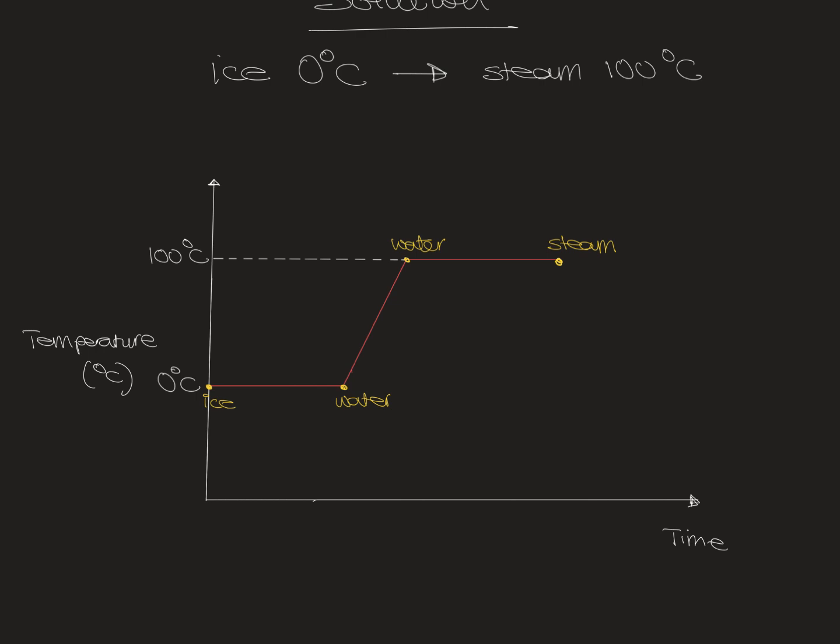So in between here, we'll have ice and water. Here we will have water, and here we will have water and steam. So clearly we have three stages. This is stage 1, stage 2, and stage 3.